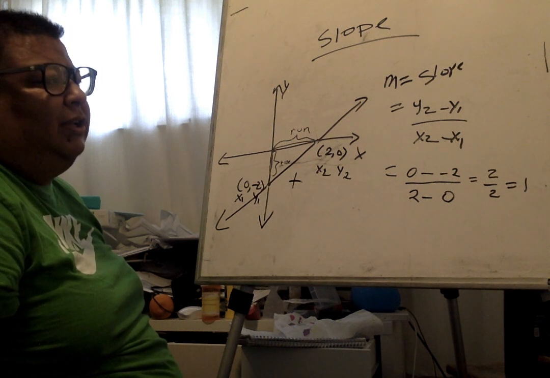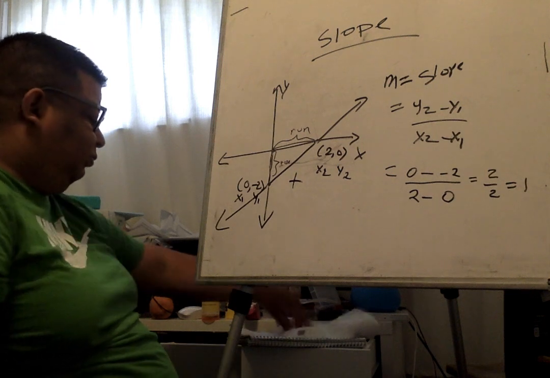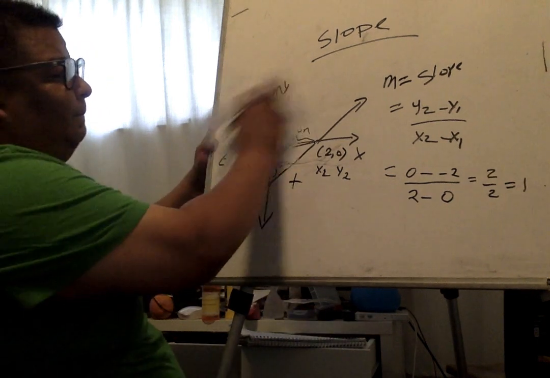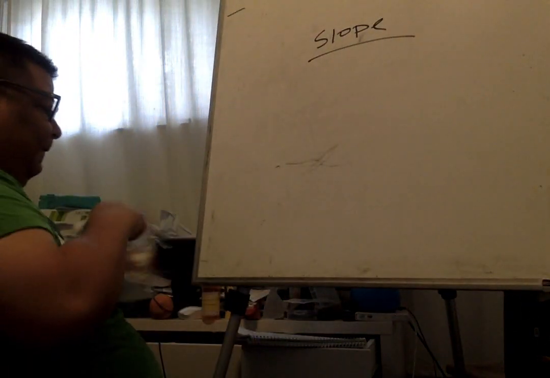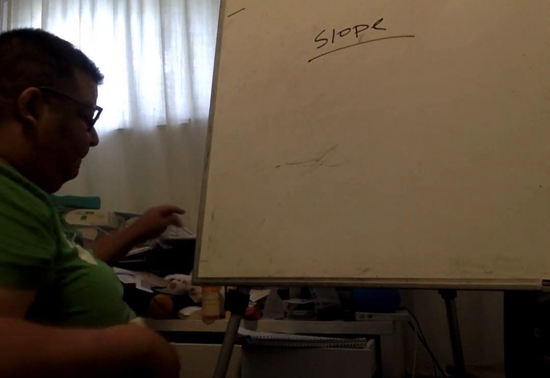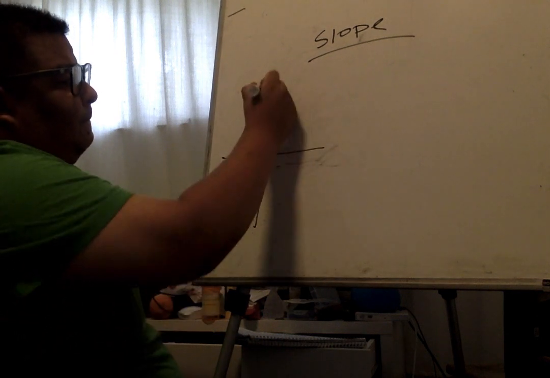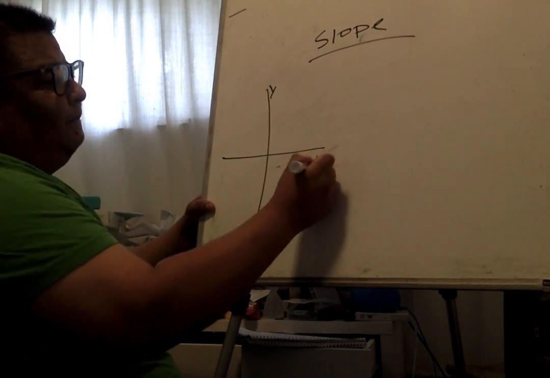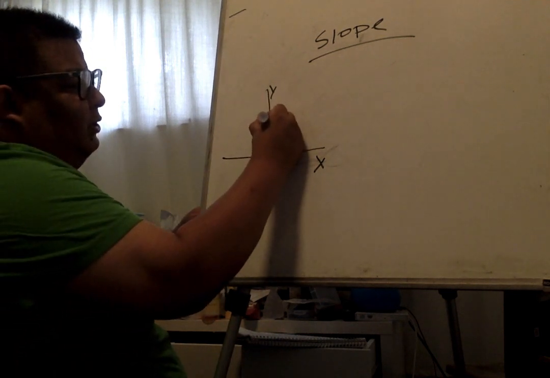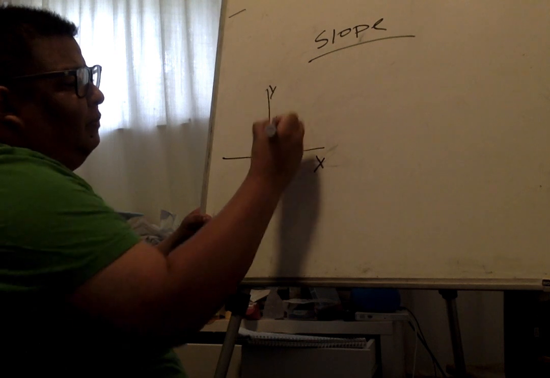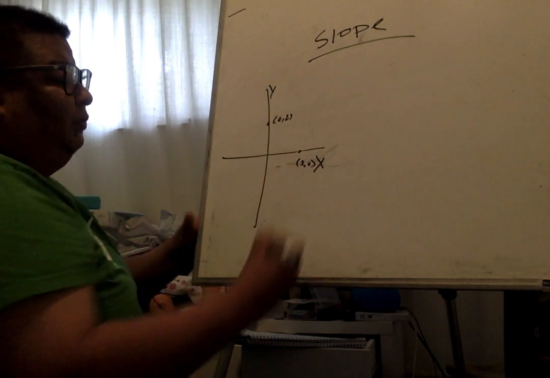All right, let's go to the next example. We're going to find a negative slope. So we're going to pick 0, 2, and we're gonna pick 2, 0.